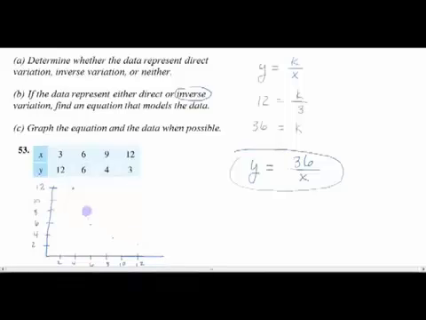So when we have an inverse variation model here, then we get a graph somewhat like this. Alright. So any of the direct models, they're going to be straight lines, and the inverse models are going to look like this, where they start high and then they fall off, where when x is getting larger, y is getting smaller.